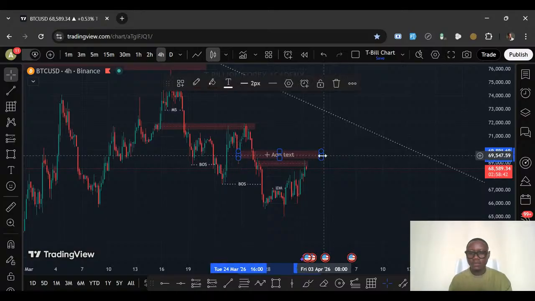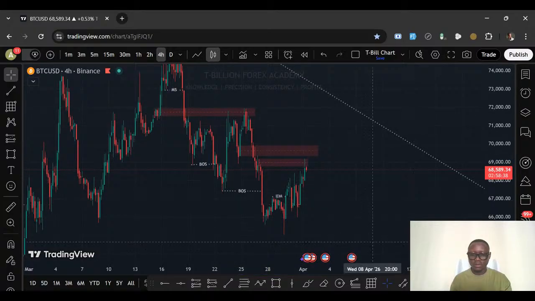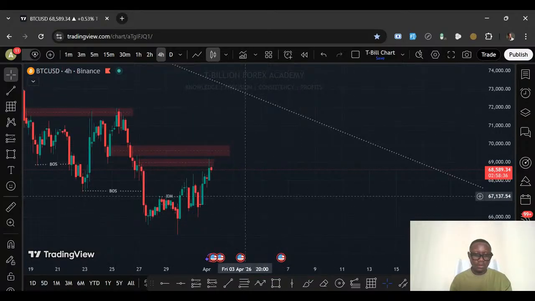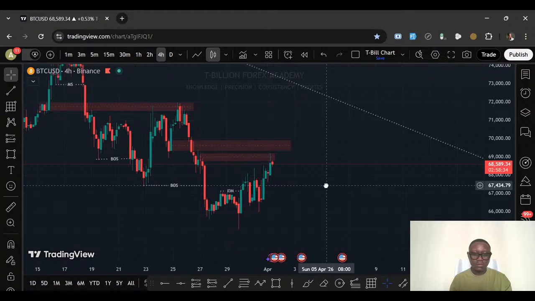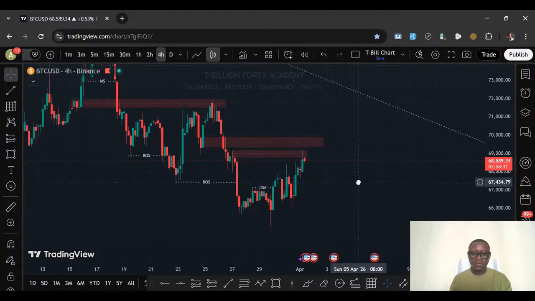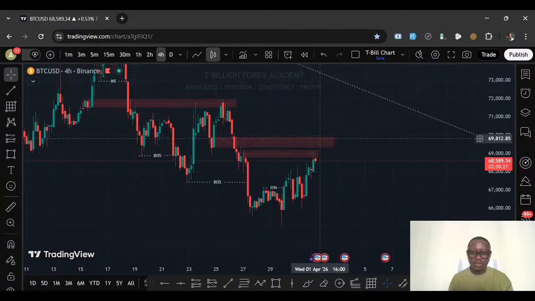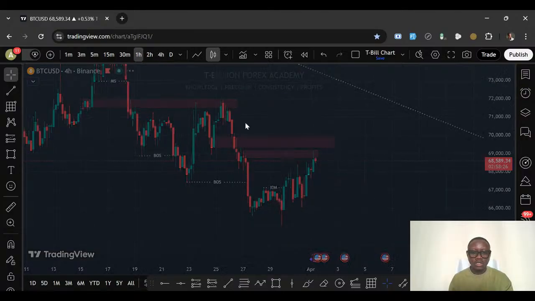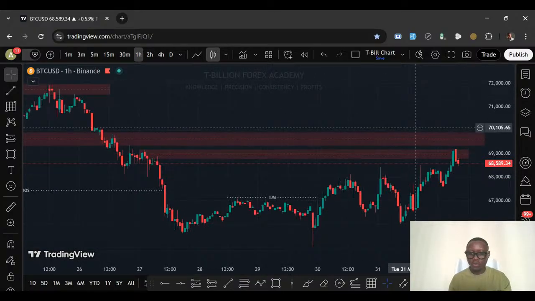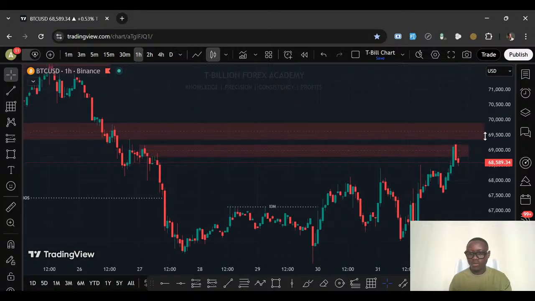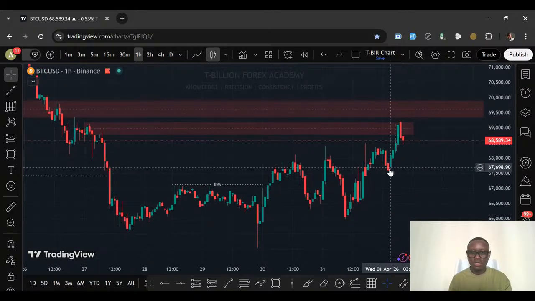These are our two points of interest. So let's drop to the 1H time frame to wait patiently for price to give us our confirmation to take these trades.